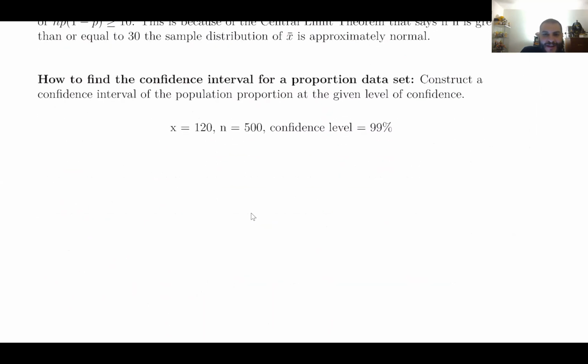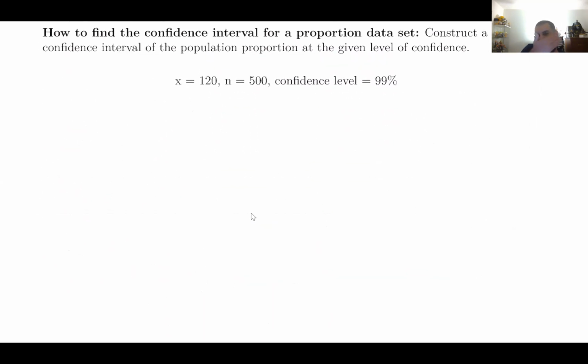So we're going to do a very basic problem. We want to construct a confidence interval of the population proportion at the given level of confidence. We get x equal to 120, n equal to 500, and a confidence level of 99%. Let's go ahead and do it.